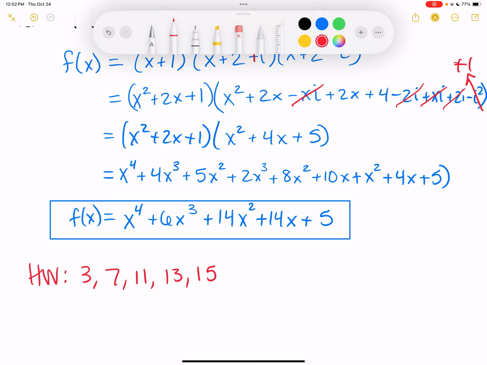That'll be up to where we are right now, and then we'll be doing some more with finding zeros and figuring out which ones are and are not zeros and all of that tomorrow to wrap up the section.